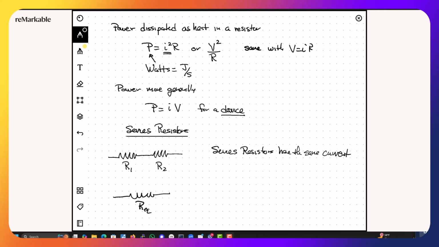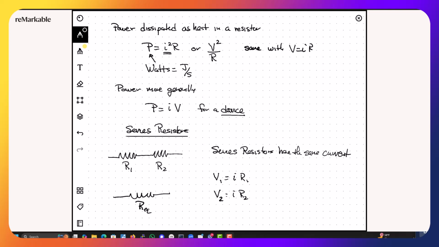So we can say, well, they have different voltages. They have the same current, right? So we can say that the voltage across 1 is I R1, and the voltage across 2 is, the same I, I R2.